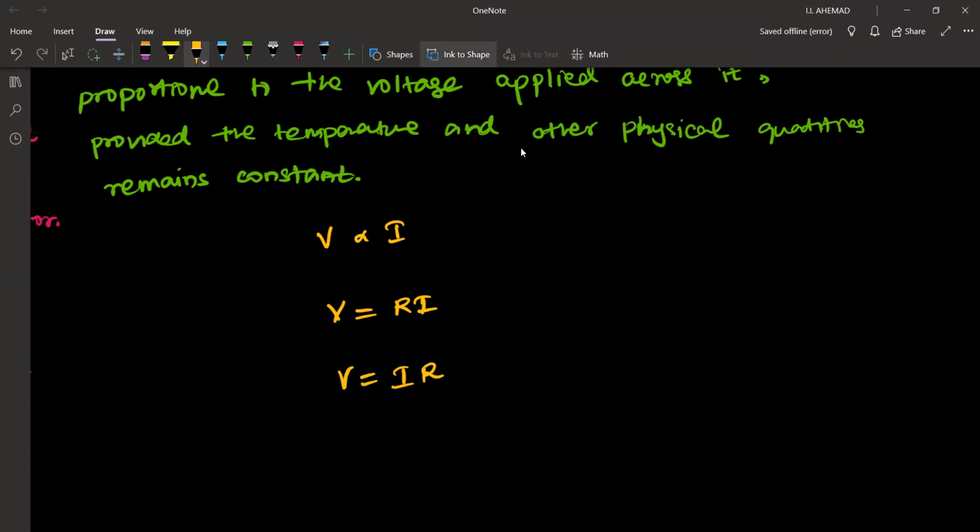So what is R? R is the resistance, where R is a constant.